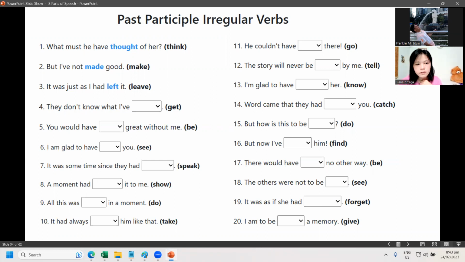This is only regular verbs, right, sir? Some are regular. These are irregular verbs, but there is one that is regular. Only one is regular. The rest are irregular.